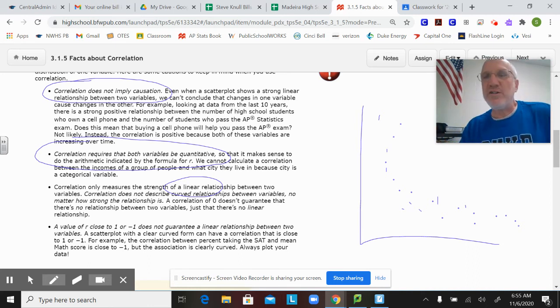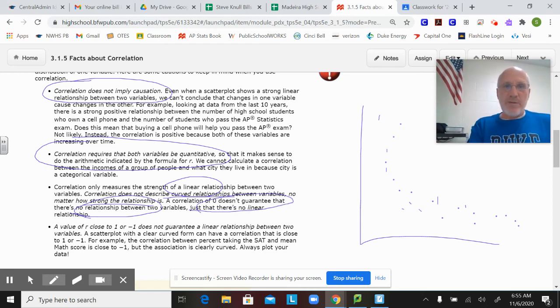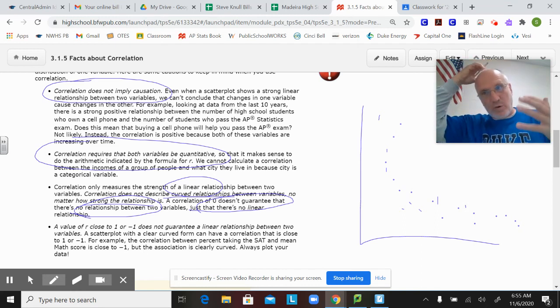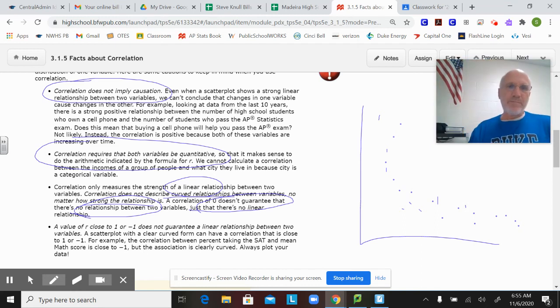That R wouldn't have much meaning. So correlation does not describe the curve relationship, no matter how strong it is. A correlation of 0 doesn't guarantee that there's no relationship, just that there's no linear relationship. A lot of the things we're doing are with linear relationships. But if your data looks like a parabola, then finding the correlation coefficient really has very little meaning.